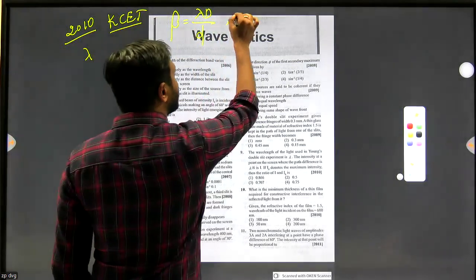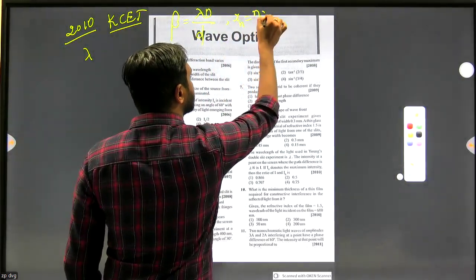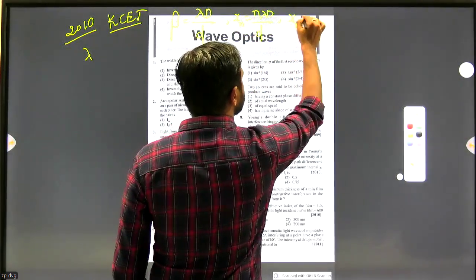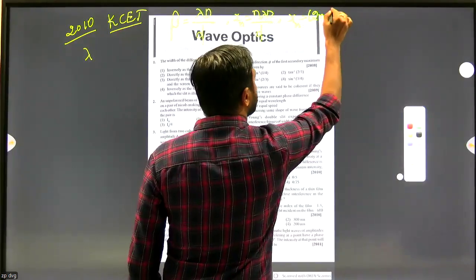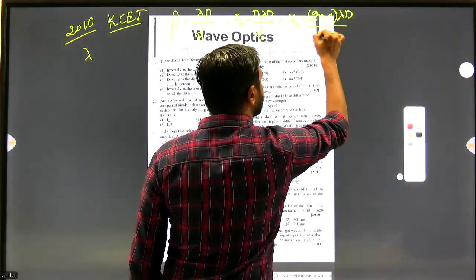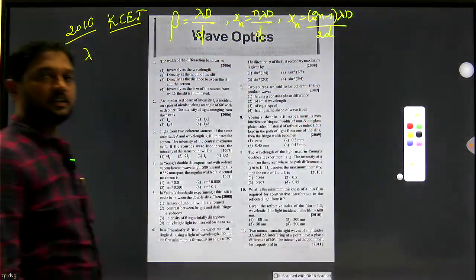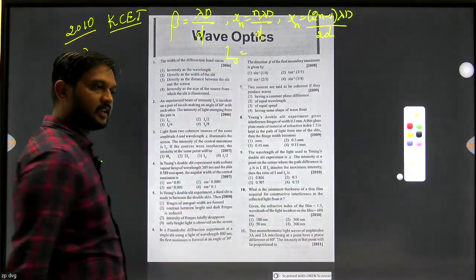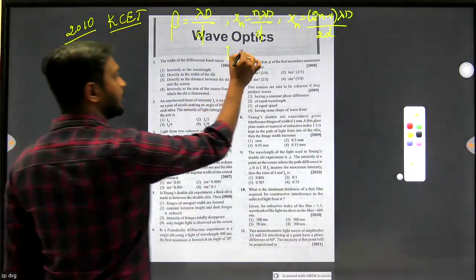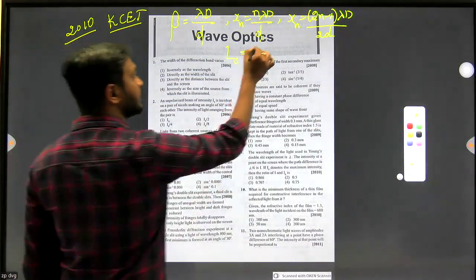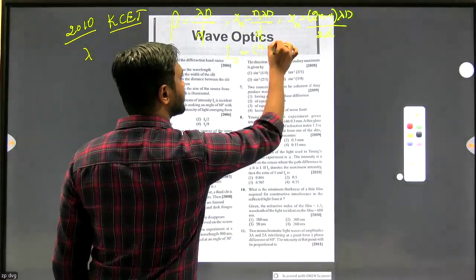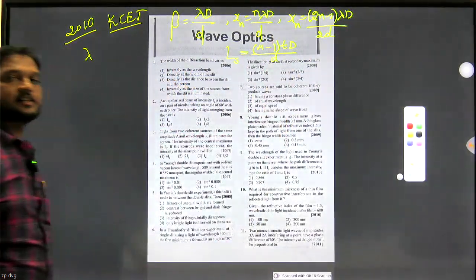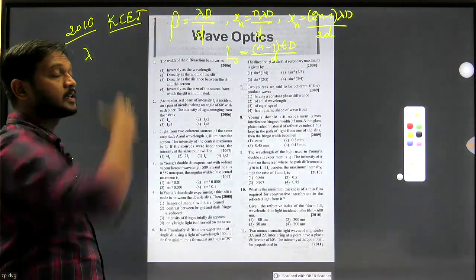For bright fringes, x_n equals n lambda D by d, and for dark fringes, x_n equals (2n minus 1) lambda D divided by 2d. And that is the lateral shift: if I place any transparent medium, as we discussed in the last problem, it is (mu minus 1) t D divided by d. So these are the important formulas of Young's double slit experiment.